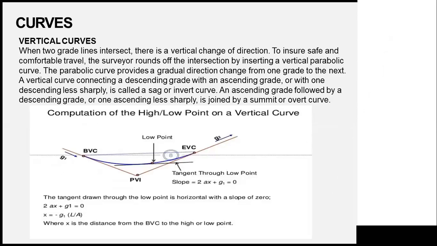Now after that, vertical curves are there. Just before we have seen the horizontal curve, now this is the vertical curve. So you know what is the grade and what is the slope. Grade and slope represent the vertical elevation. Okay. So on the vertical curves, high points and low points are there.